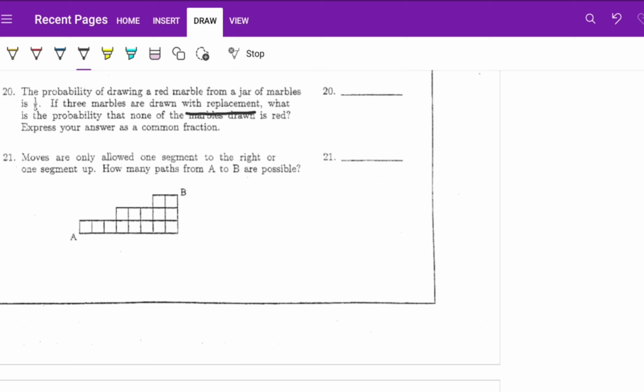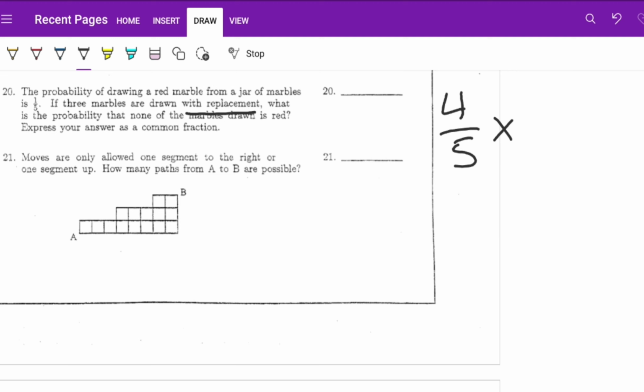On the first draw, the probability of getting a red marble is 1/5. So that means on the first draw, the probability of not getting a red marble is just 4/5. Okay? And then we know it's with replacement, so after you draw it, you just put it back in, and the probability is still the same.